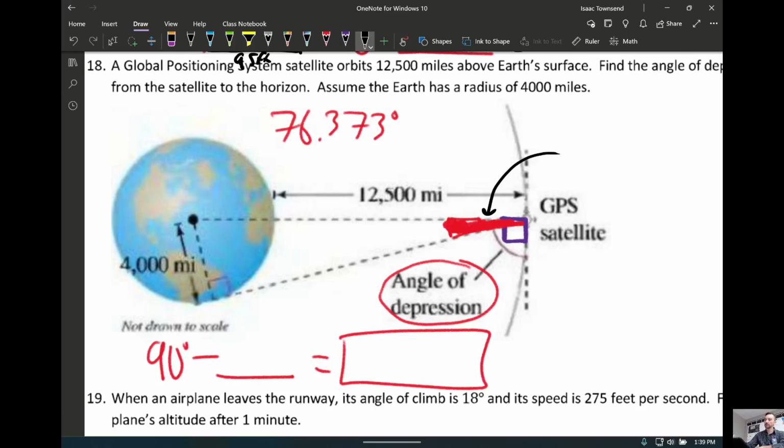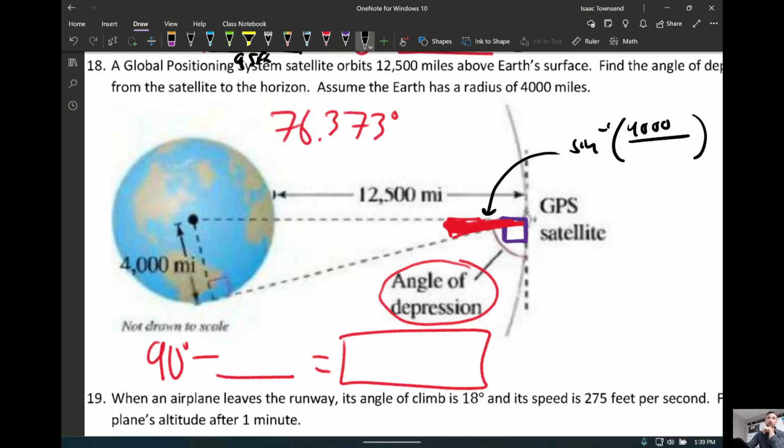Okay, so I'm going to do the 90 minus later, just this part. So inverse sine of what? 16,500 or 4,000 over 16,500. Okay, tangent is opposite over adjacent, or not inverse tangent, I'm sorry. Inverse sine, because we have opposite and hypotenuse.